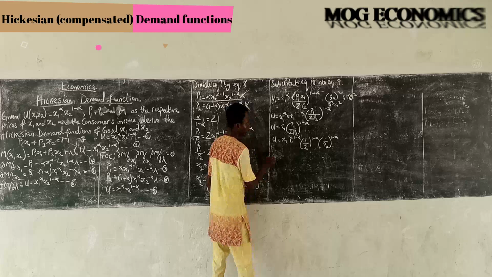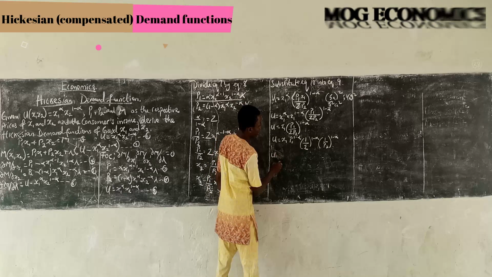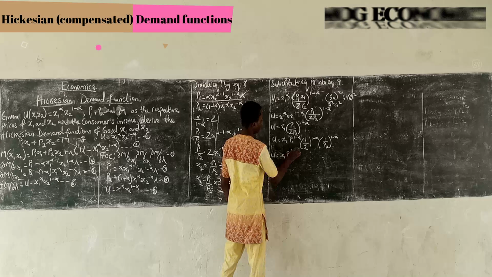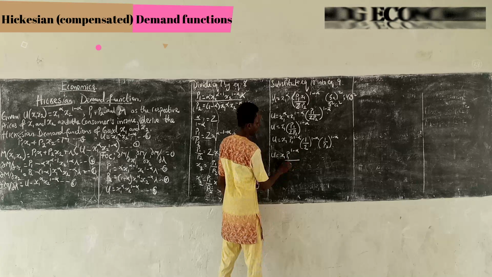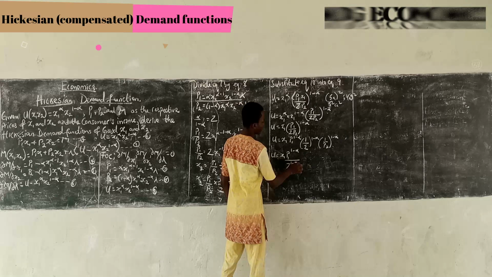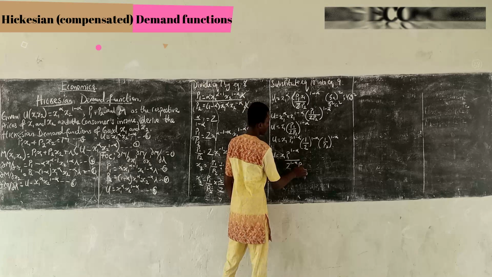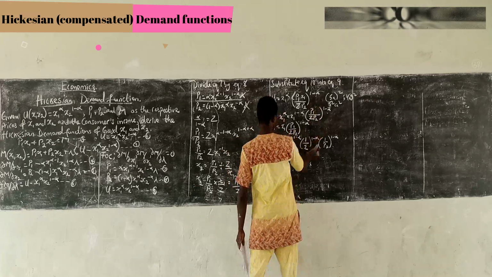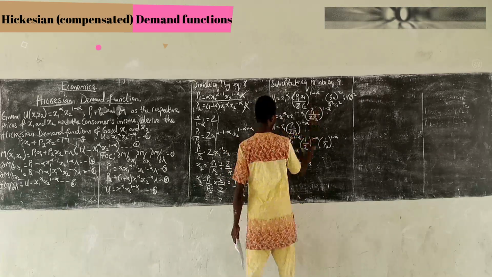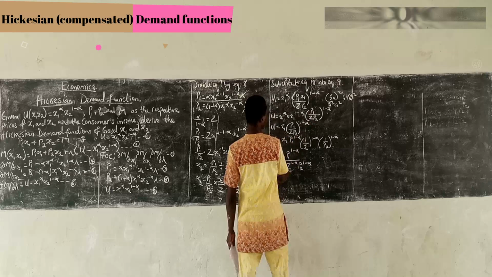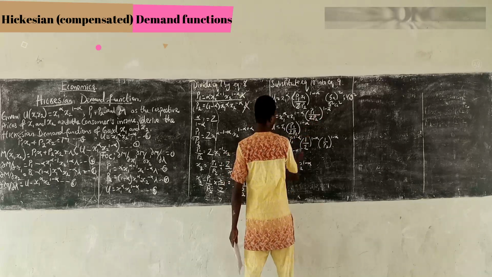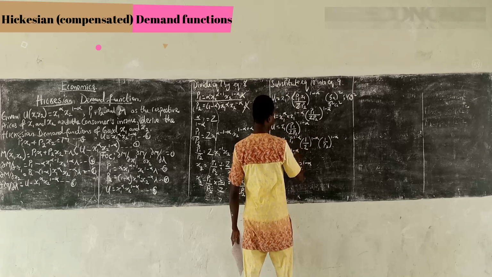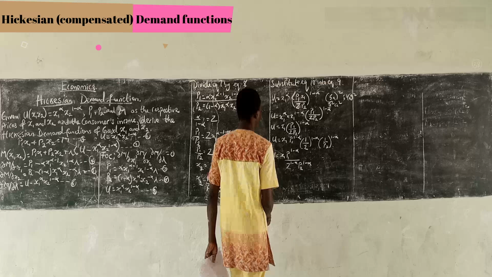Okay, let's proceed. So u essentially is equal to x1 p1 to the power 1 minus alpha over z to the power 1 minus alpha, then p2 to the power 1 minus alpha. Okay, so from here, just imagine this wasn't there. So p1 has the power 1 minus alpha, z also has this power, p2 also has that.